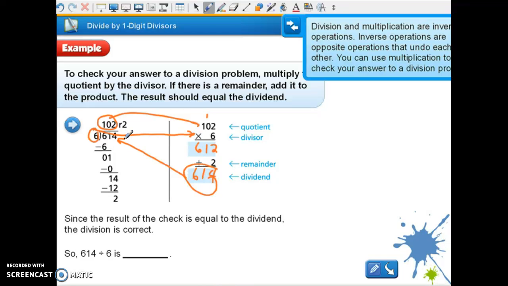So 614 divided by 6 is 102, remainder 2. Does anybody have any questions? You're going to do the quotient times the divisor. Once you get that product, you're going to add the remainder.